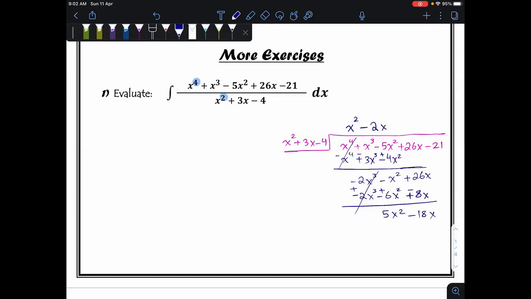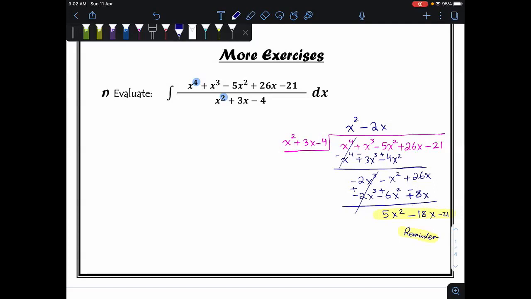This is called the remainder. This part here is called what? The remainder. And the negative 21, yes, I forgot it. Thank you, Abdulaziz. Minus 21 is also included in the remainder, right? This all is the remainder.